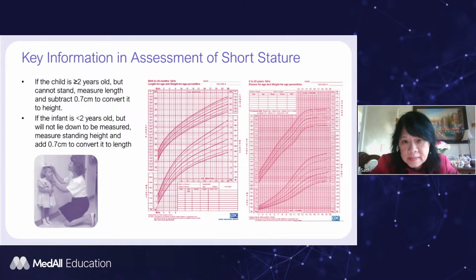There are 2 types of growth chart: birth to 36 months, which is for supine length, and the 2 to 20 years chart, which is for standing height.